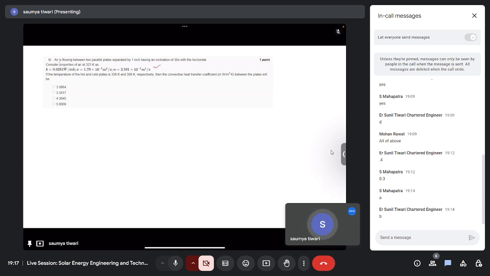If the temperatures of the hot and cold plates are given, then the convective heat transfer coefficient between the plates will be what? I need all of you to solve this question and write your answer in the chat box.